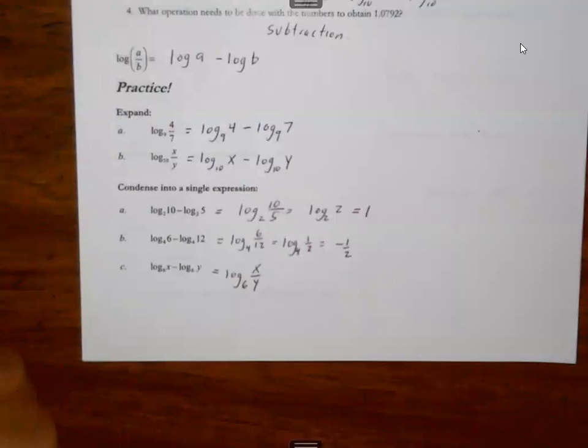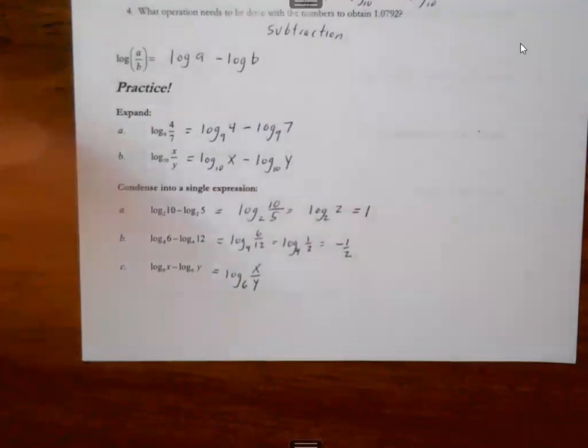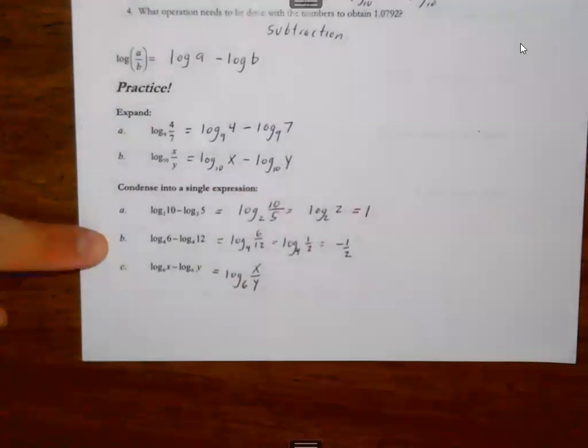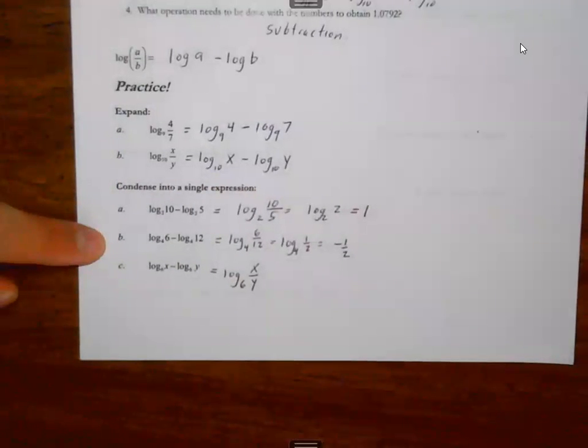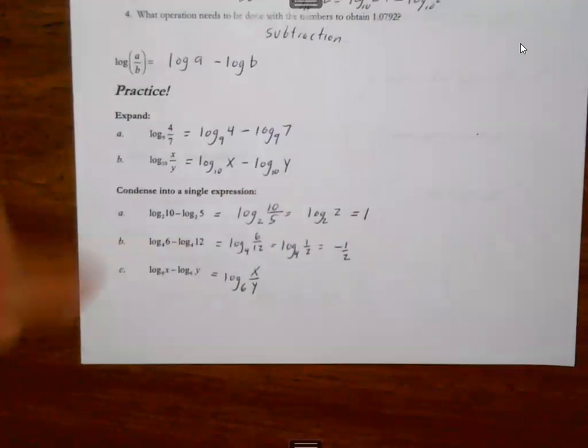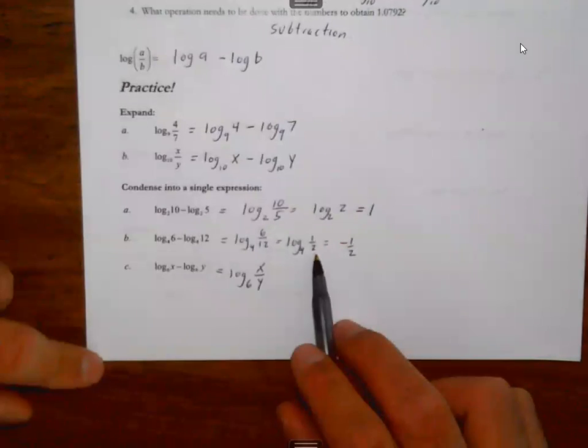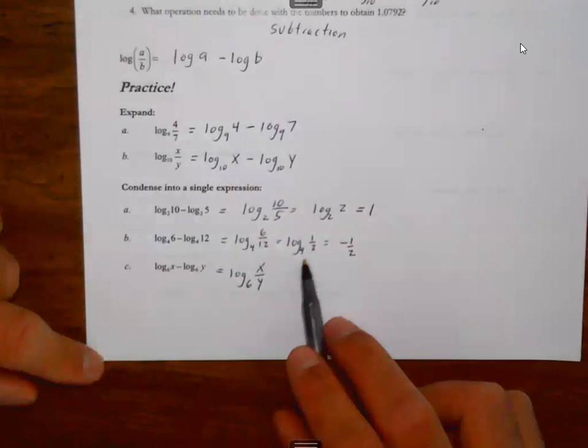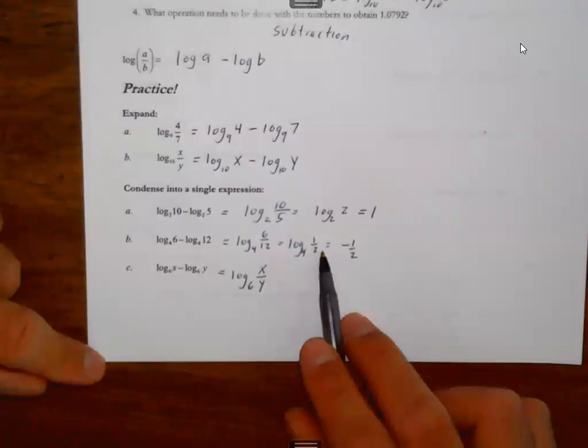All right, so any questions on B or C? So log of x over y base 10 is the log of x minus the log of y. The log of 6 base 4 minus the log of 12 base 4, you condense that to the log of 6/12 base 4, which reduces to the log of 1/2 base 4. And now this is something you could do without a calculator because I know the square root of 4 is 2.